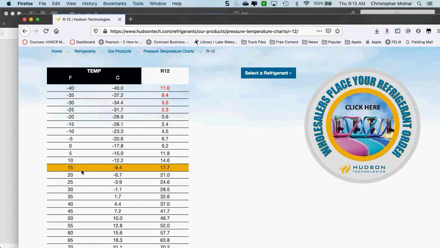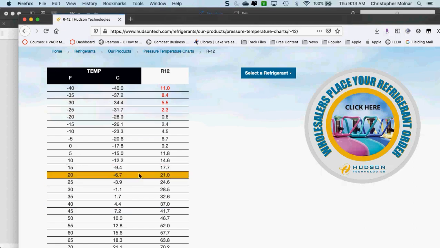But so 17 PSI, which is what we're looking at, is very close to 17.7. Can everybody accept that? Yes. 17 PSI is very close to 17.7. So we are going to use 15 degrees as our temperature conversion. Everybody okay with that?